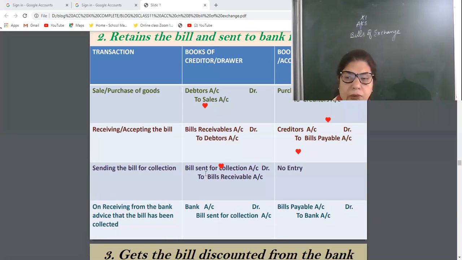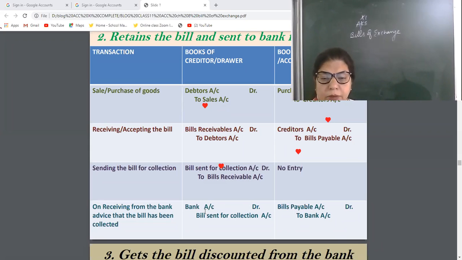Now, the drawer has the power to send this bill for collection to the bank. So he will open one account, that is BSC, bill sent for collection, to BR. But Roy will not pass any entry because he doesn't know what the drawer is doing with his bill, keeping it with him or sending the bill to the bank. He just makes the payment on maturity and passes the same general entry.